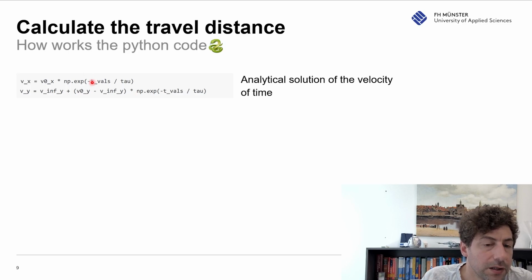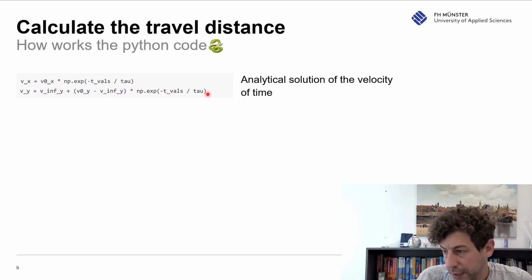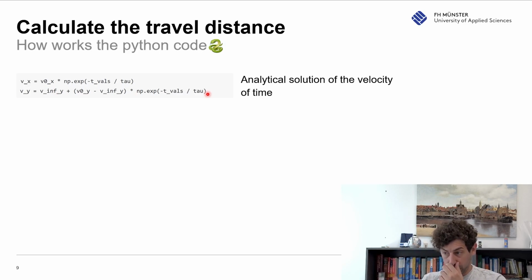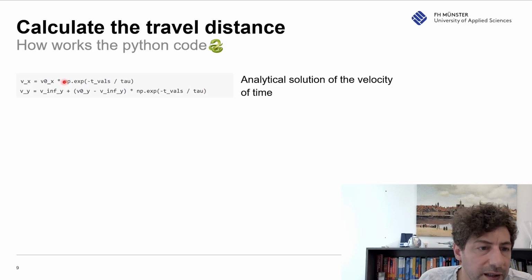Okay. So here we have the same in y direction, but in y direction we already have a final value which we reach, right? Because in x direction we have a decrease of the velocity, and in y direction we have an acceleration, so an increase of the velocity due to the gravity. So in x direction the drag decreases the velocity of the droplet, and in y direction the gravity increases the velocity till we have a final velocity.